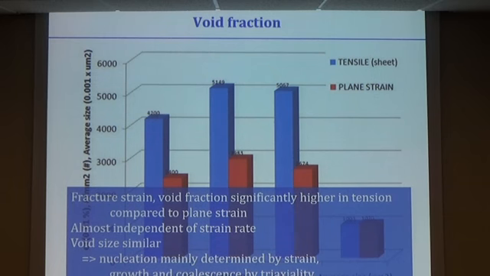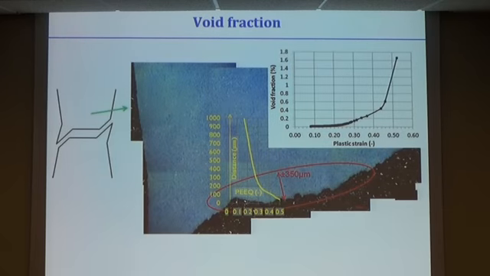So we further analyzed this, taking into account the simulations, and what we found was that in the tensile experiment, very close to the fractured surface, we had a very pronounced gradient of the strain. Close to it we had a value of 0.5, 50% strain. If we move 200 microns away from the fractured surface, so not really far, this value of 50% dropped to 30%.